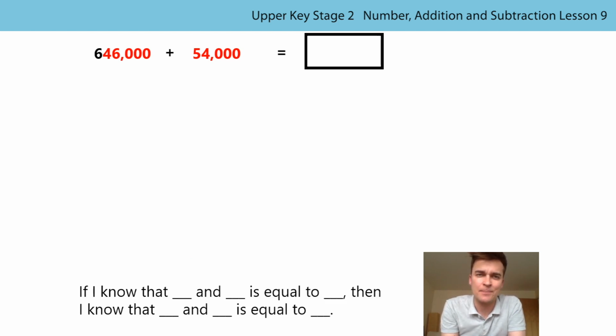Now we can think about why 46,000 and 54,000 caught our attention. Let's use the sentence at the bottom again to help us.